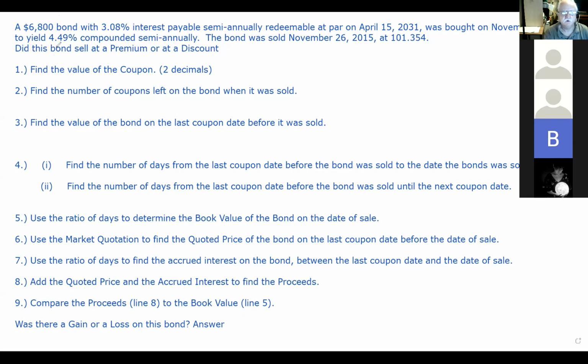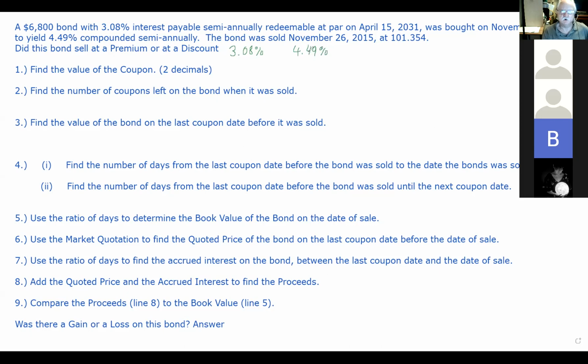Well, first off, did this bond sell at a premium or at a discount? So the bond rate was 3.08%. And the market rate when it was sold was 4.49%.